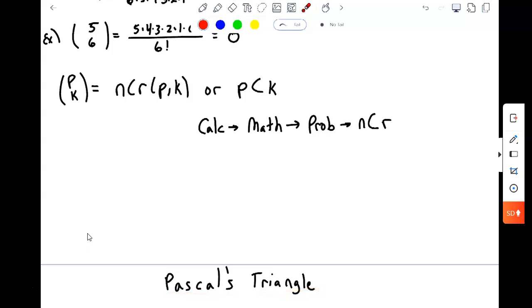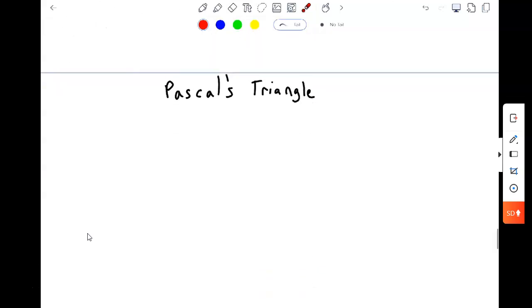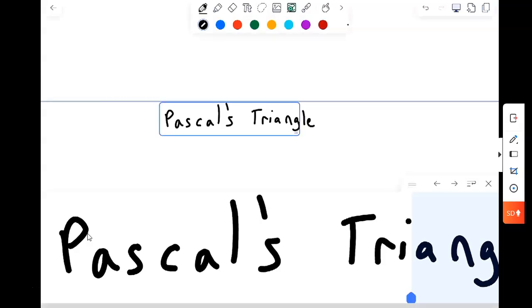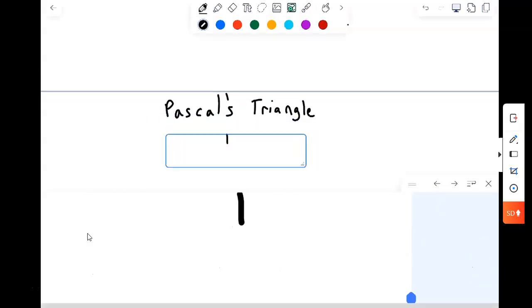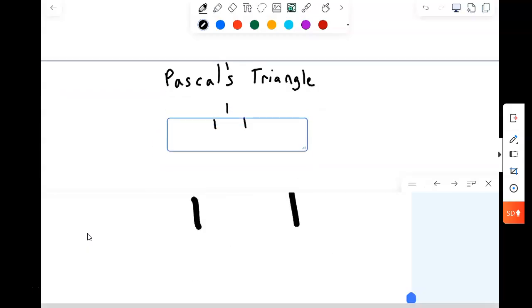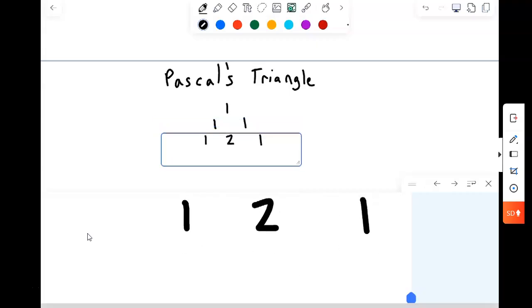Okay, so back to Pascal's triangle. You've probably seen this before. This triangle is generated by having 1 in the first row, and then 1, 1 in your second row, and then continuing, 1, 2, 1, and then row 3, 1, 3, 3, 1.